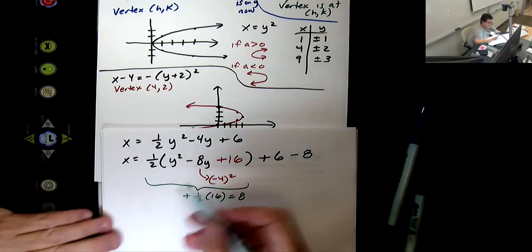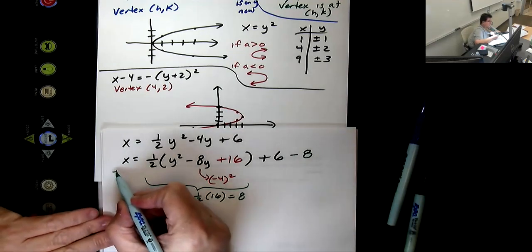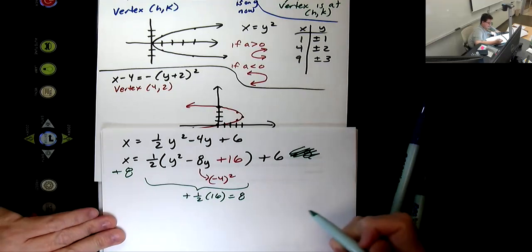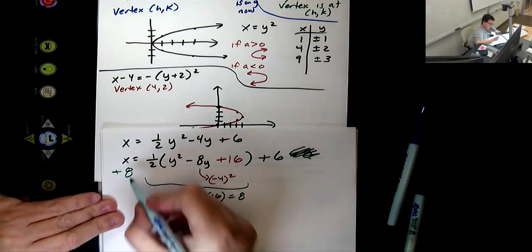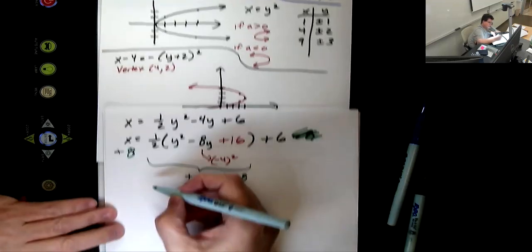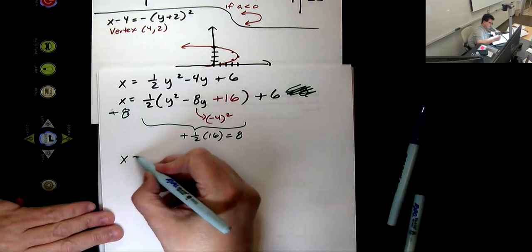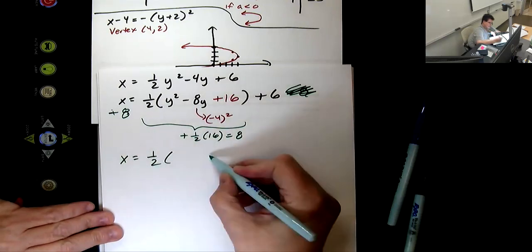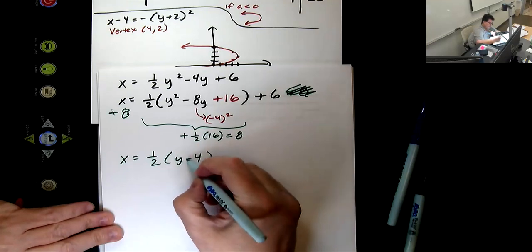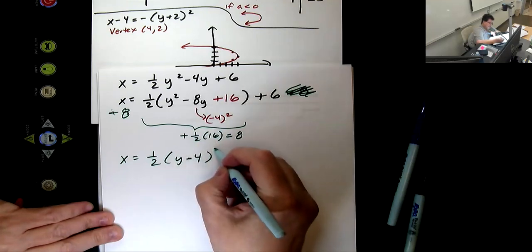Or alternatively, you could do the +8 over here. Add 8 to both sides. But to get x where we want it over there, I'm going to put the 8 back over. So I've got x equals 1/2. This turns into, just like we did with the completing the square on the other stuff, that number comes down and we got squared.